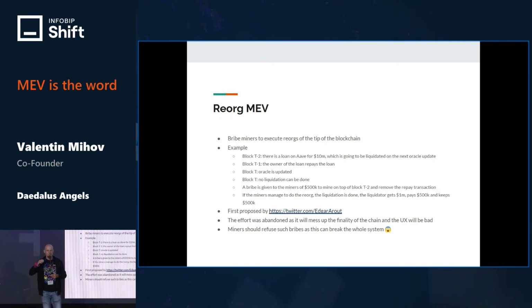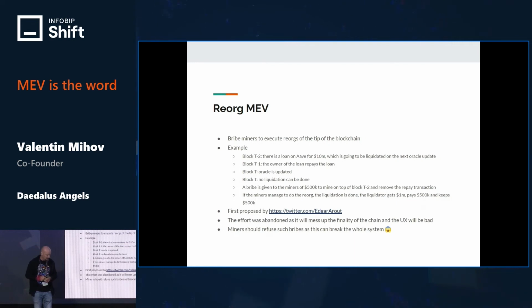But the miners are not actually obliged to build on the longest chain. They can decide to build on an older block. So you can pay the miners a huge amount of money not to build on the tip of the blockchain, but to build on some other older block, and this way essentially roll back a bunch of transactions that happened.